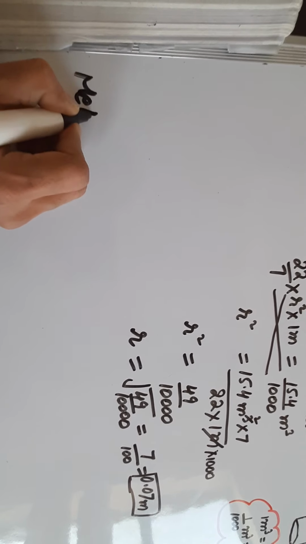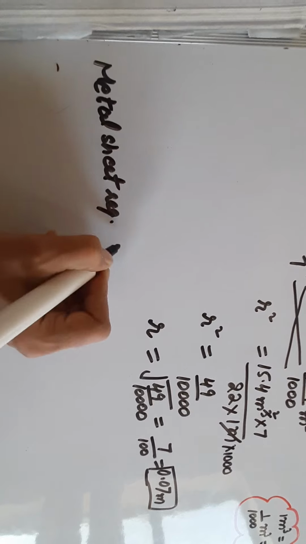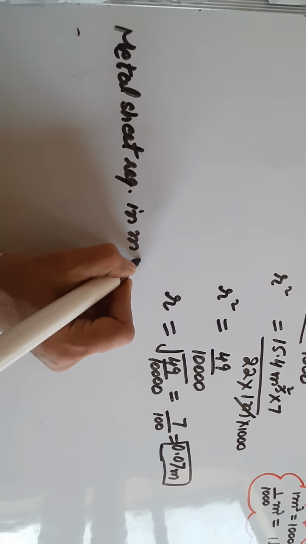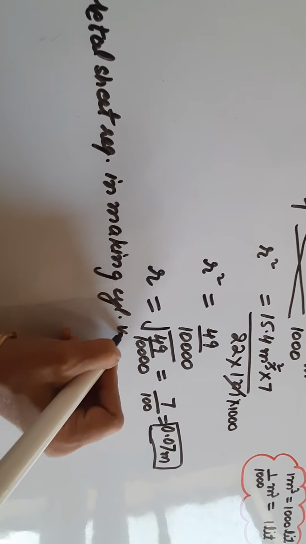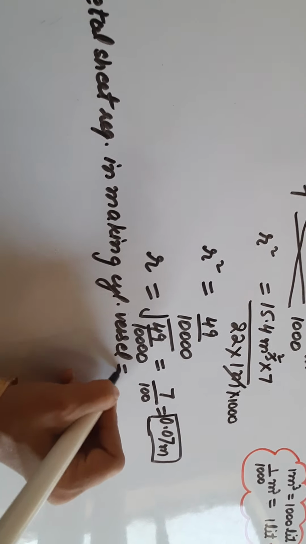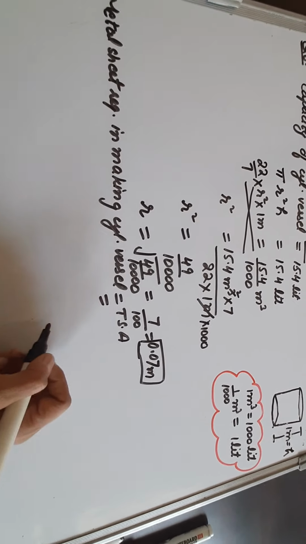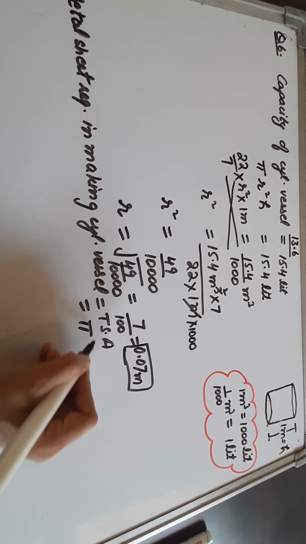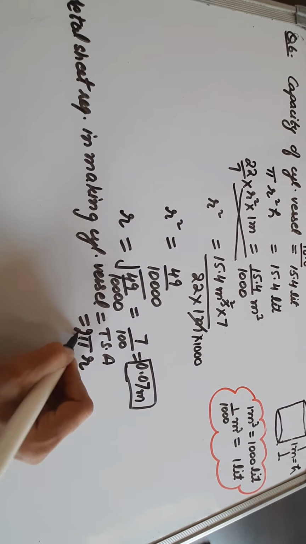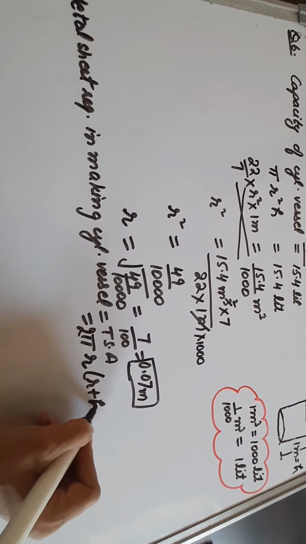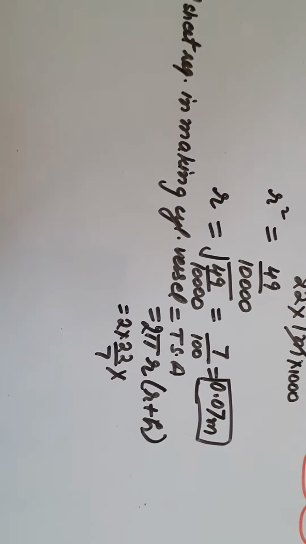Metal sheet required in making this cylindrical vessel is equal to its total surface area. And what is the formula for the total surface area of a cylinder? 2 pi r into r plus h, right? So just put the values and get the answer.